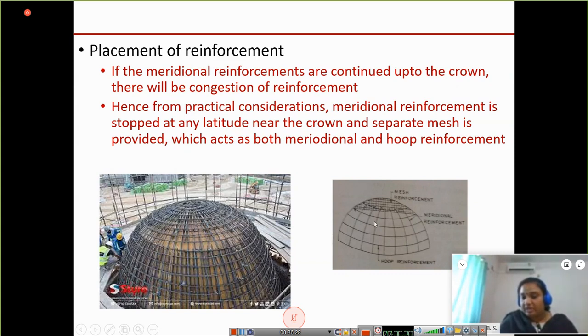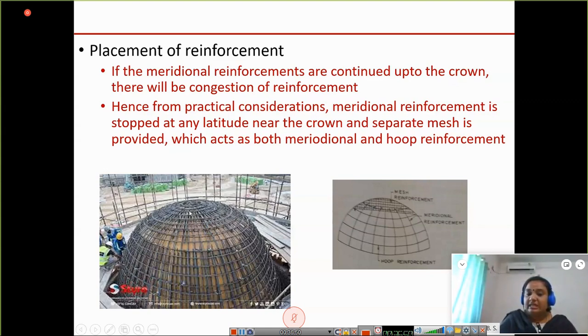Say, I stop the meridional reinforcement at this junction, at this latitude level, and then on top of that, we provide a mesh kind of reinforcement, and this mesh acts as both meridional and hoop reinforcement.